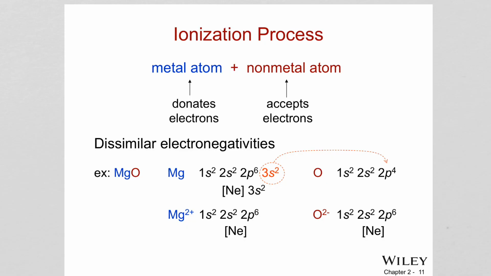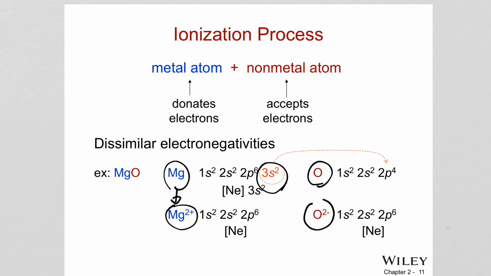And of course, this converts magnesium into an ion, magnesium 2 plus, when it loses its 2 electrons to oxygen. And oxygen receiving them also forms an ion, oxygen 2 minus. So this is what we call the ionization process.